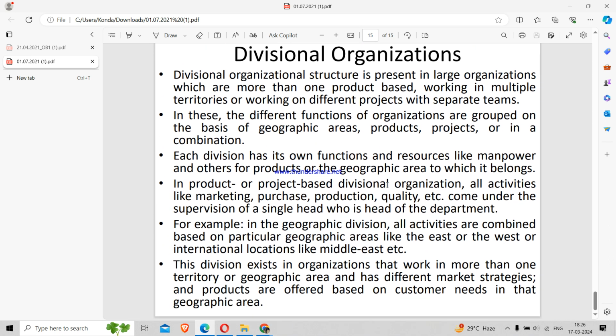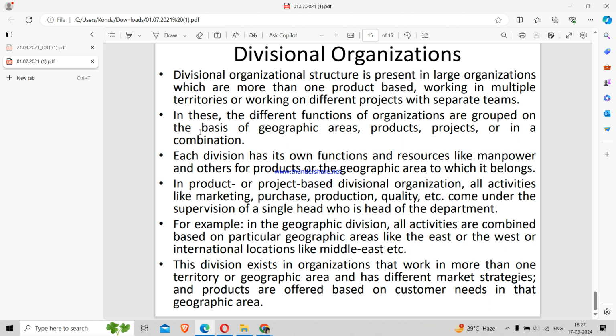Next is the divisional organization. The divisional organization structure is present in large organizations where the company produces more than one type of product. This is relevant in that particular organization. So what is done here is that there are separate teams who look into the different products the company is producing.